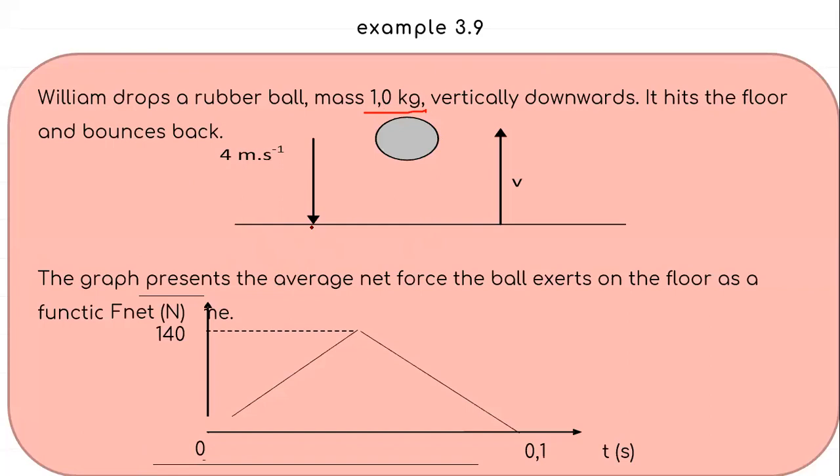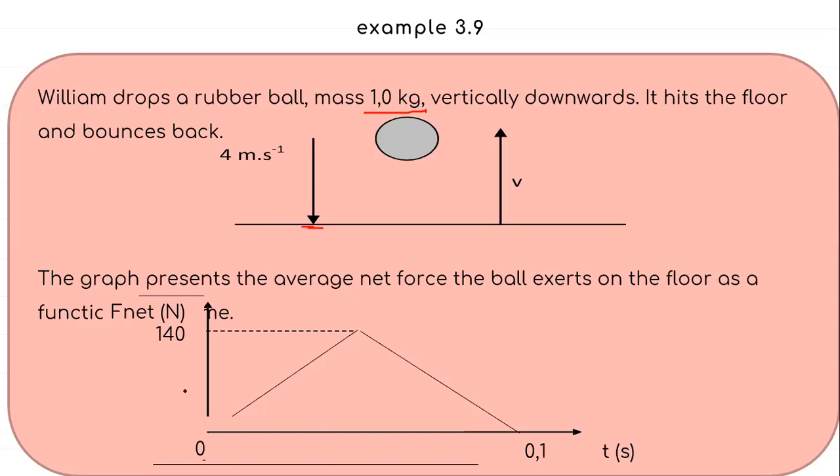When it reaches the floor, my dear learners, what you should be able to pick up is that the ball will exert a force on the floor, and the floor will most definitely exert a force on the ball, according to Newton's third law of motion.